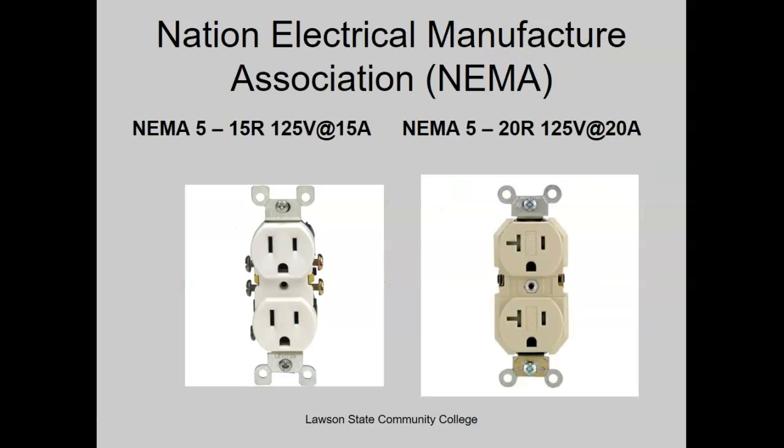So your National Electrical Manufacturers Association has two different types of plugs, and they're different for a reason. NEMA 5s are meant to only go up to 15 amps and thus only allow you to plug in 15 amps.